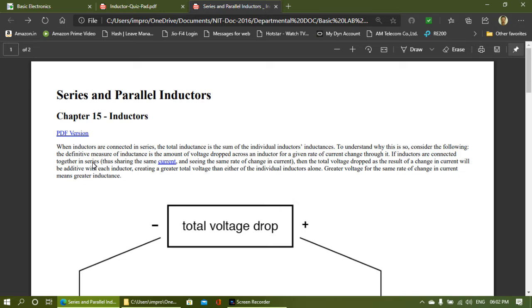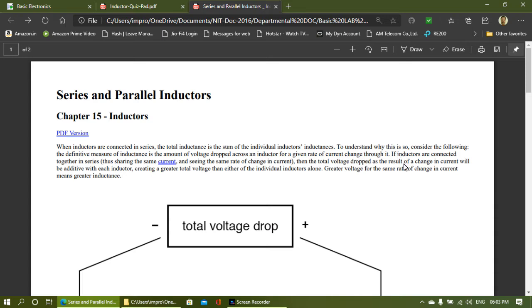The definitive measurement of inductance is the amount of voltage dropped across an inductor for a given rate of current change. If you apply alternating current across a resistance, the resistive properties will be constant. But in an inductor, if you change the current rate, the opposing properties will change.